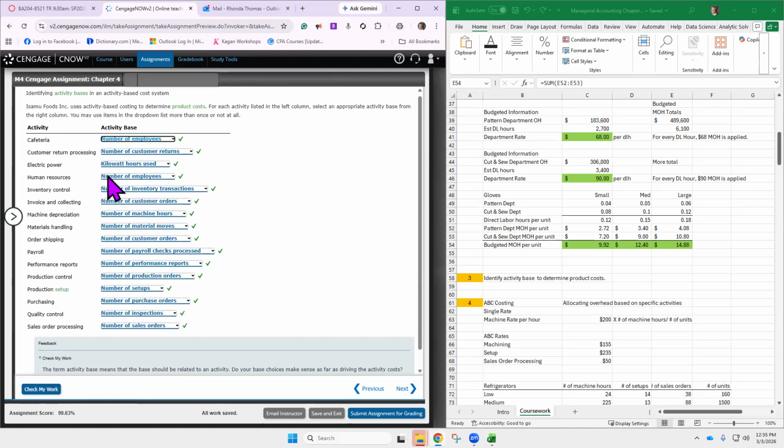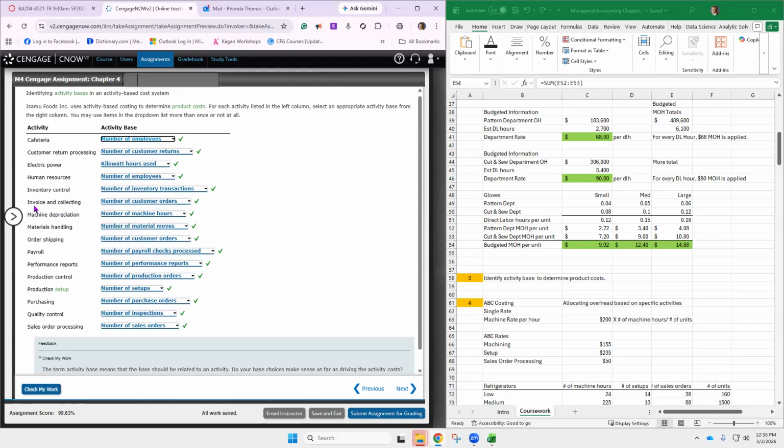How about electrical power? Probably the kilowatt hours used. Human resources, what's going to drive the cost of human resources? Probably the number of employees, because the more you have, the more people you need to work in that department. Inventory control, it's the number of inventory transactions.